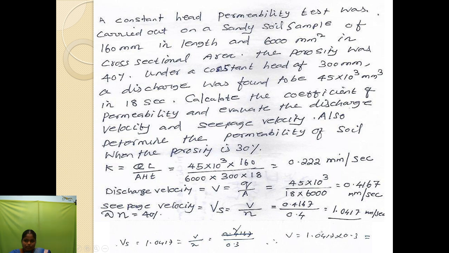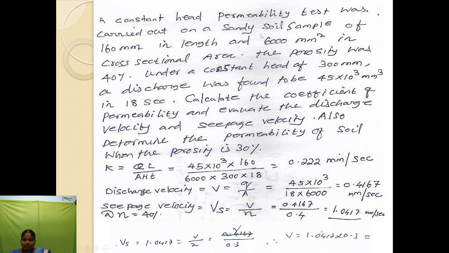For the constant head permeability test, the formula K equals QL by AHt is used. This formula arises from Darcy's law, Q equals kiA. So K equals QL by AHt.